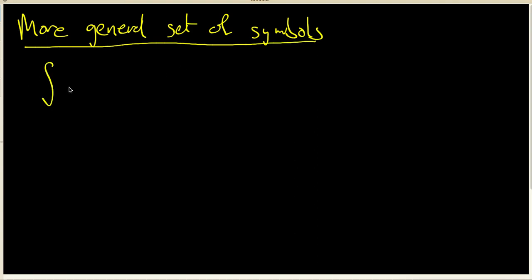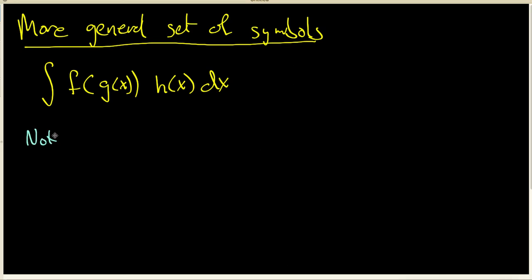Suppose I've got a function that looks sort of like this. I've got some kind of f, but I've got some kind of mess in there that I'm going to call g of x. And I've got some other function that is going to be called h of x times dx. But what I notice inside my integral is that g prime of x turns out to be awfully close to h of x.